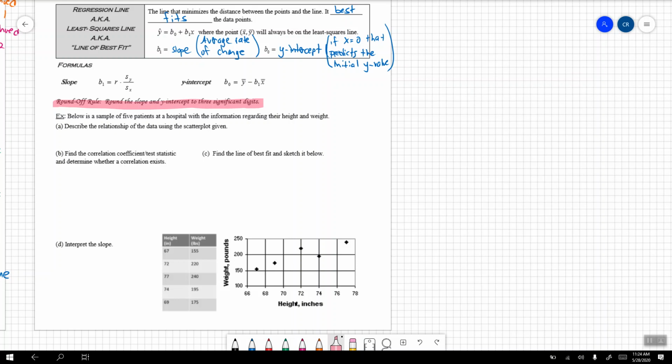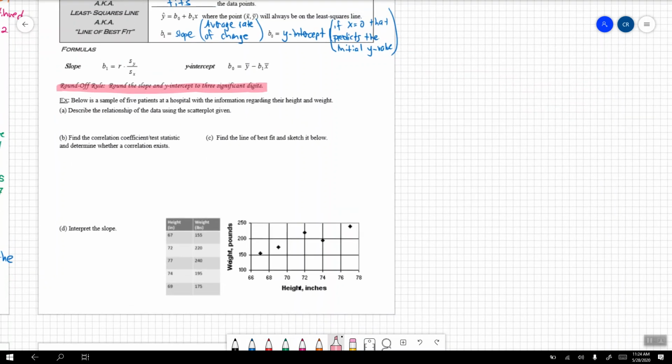So below is a sample of 5 patients at a hospital with the given information regarding their height and weight. Part A, describe the relationship of the data using the scatter plot given. Alright, so let's look at the scatter plot down here.